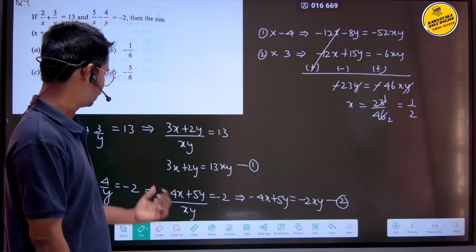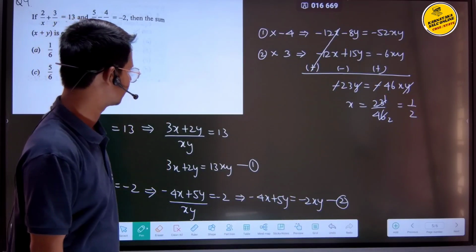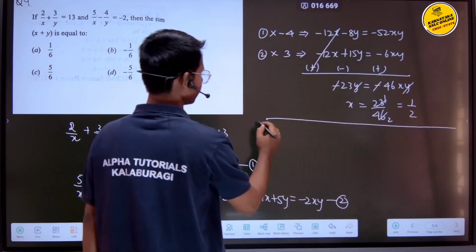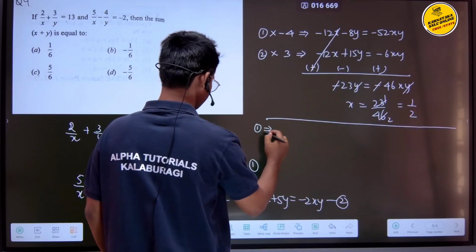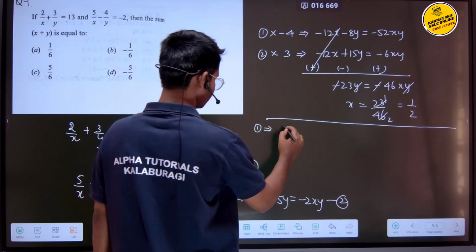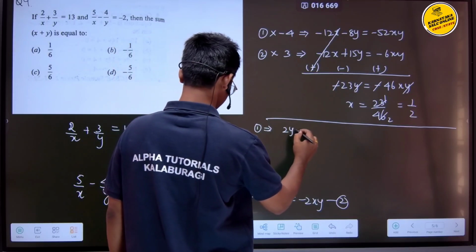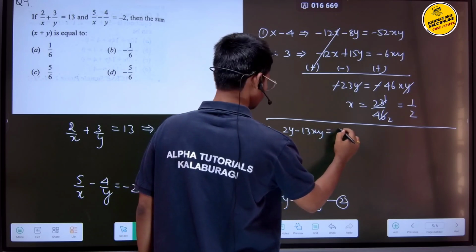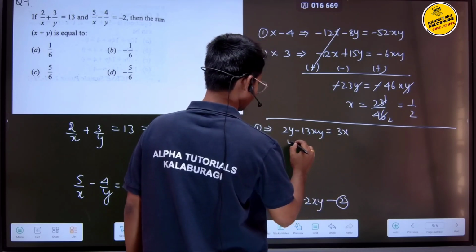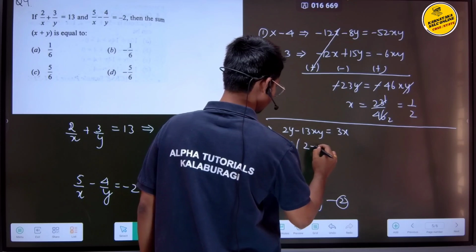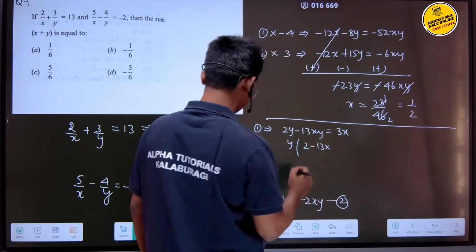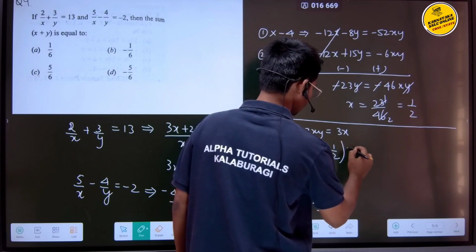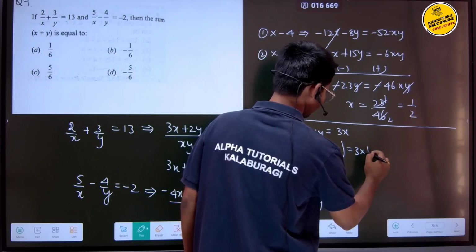To get the y value, I'll make use of equation 1. So equation 1 implies I need y, so I'll first take the y terms to one side: y times 2 minus 13x equals 3x. I'll take y common. The x value we have got is 1 by 2, so 3 into 1 by 2.